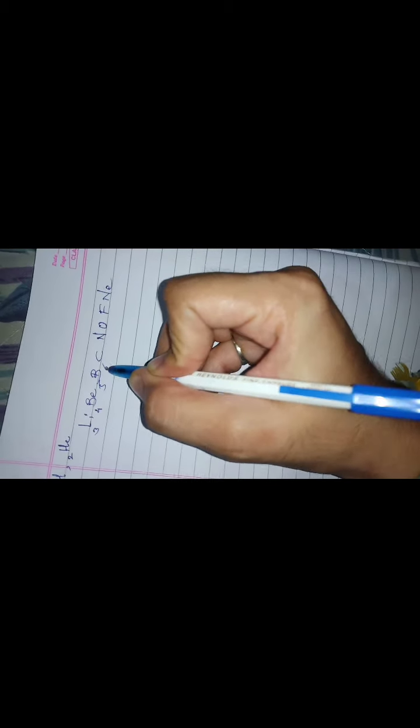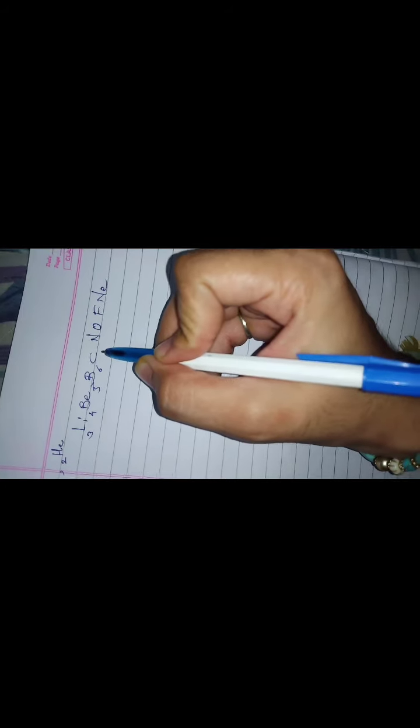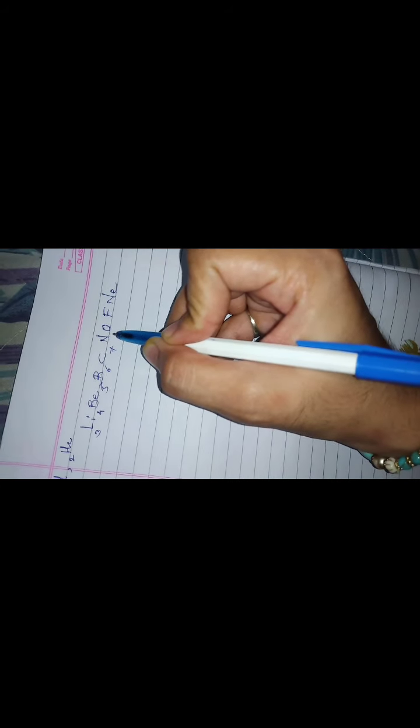So Li is lithium, the fourth one, Be is beryllium. Fifth one, boron. Carbon is 6. Nitrogen is 7. Oxygen is 8. Fluorine is 9. And neon is 10.